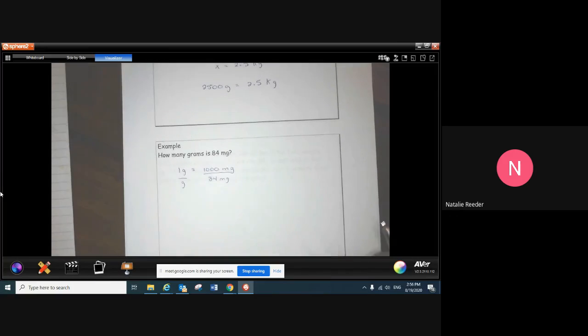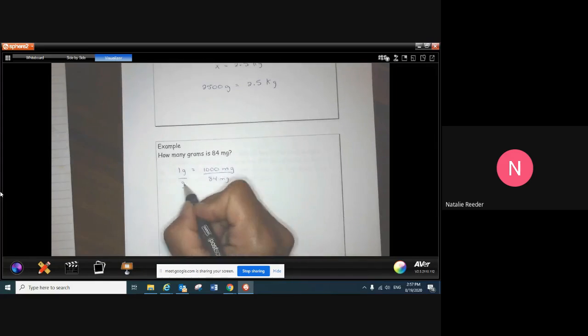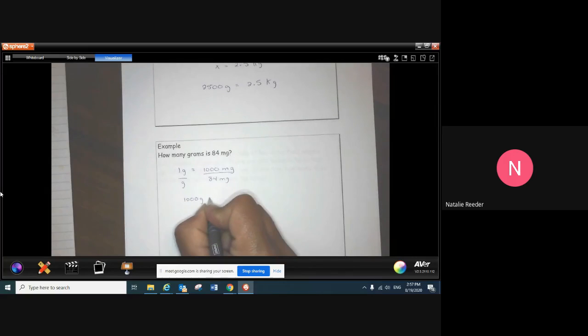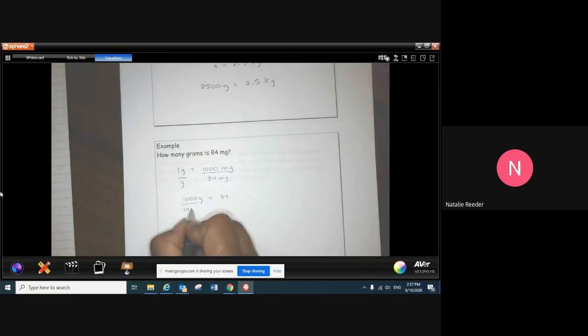So I put a G. We can use G as a variable instead of X. So now 1,000 times G gives me 1,000G. And 84 times 1 gives me 84. Now to solve for G, I need to divide by 1,000 on both sides. So G, our unknown, is equal to 0.084 grams. That's telling me that 84 milligrams is equal to 0.084 grams.